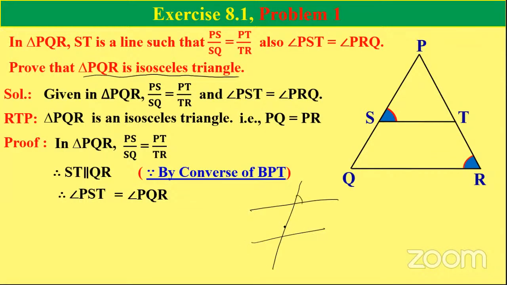This angle is equal to this angle. Pair of corresponding angles. Here is the point P, here is S, here is Q. Here is T, here is R. Angle PST is equal to angle PQR because they are a pair of corresponding angles.